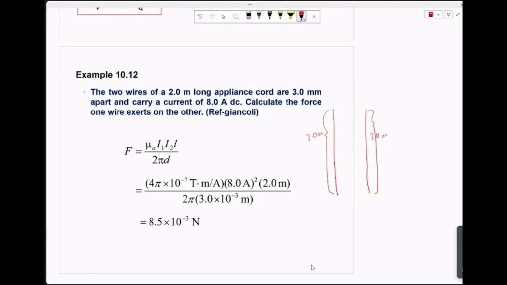And then apply 3.0 millimeter apart. Maksudnya jarak dia ni adalah 3.0 millimeter. Carrying a current of 8 ampere. One wire exit on the other. Kejap. Calculate the force.